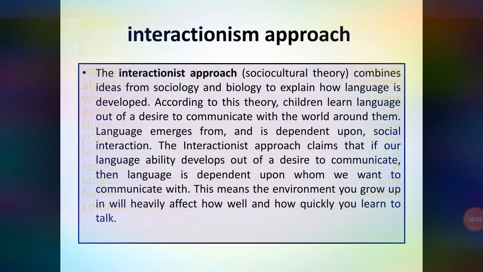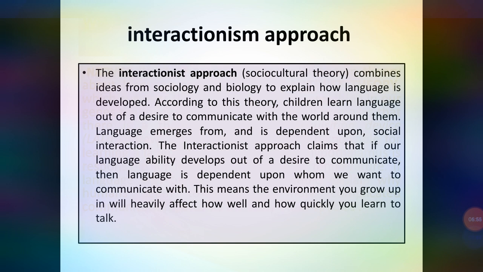Interactionist approach. The interactionist approach, or socio-cultural theory, combines ideas from sociology and biology to explain how language is developed. According to this theory, children learn language out of a desire to communicate with the world around them. Language emerges from and is dependent upon social interaction.